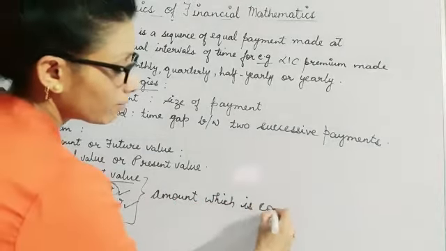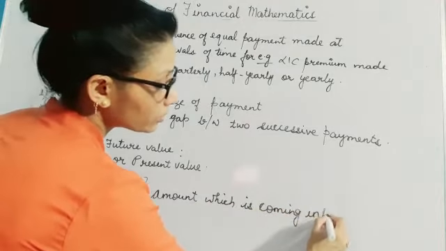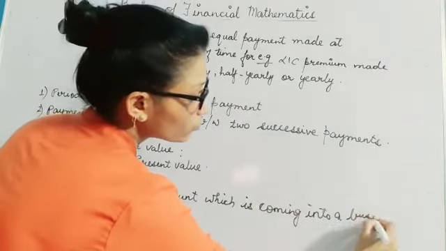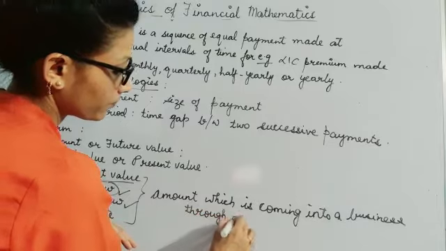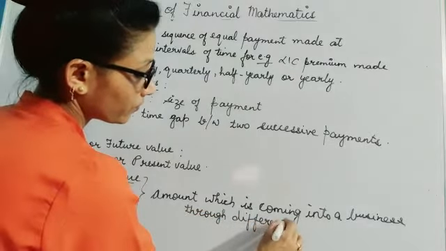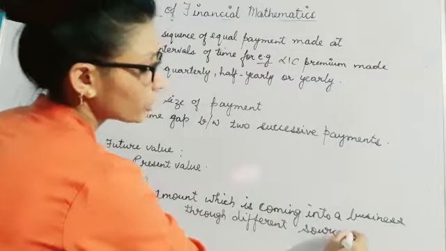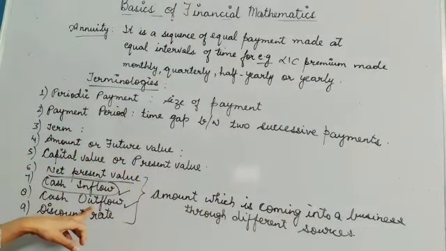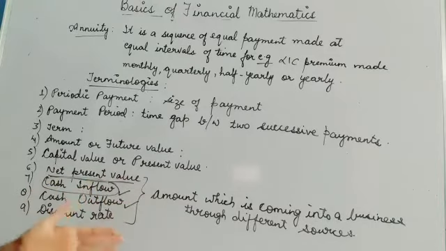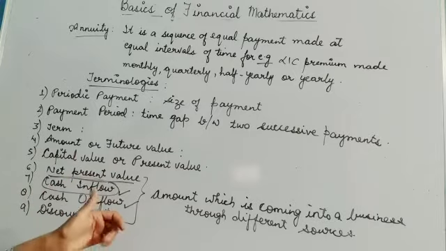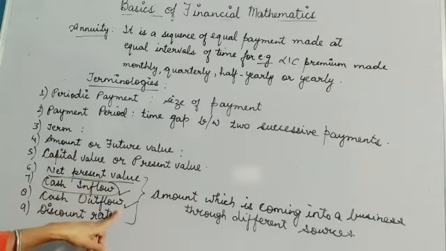Now what is cash outflow? Cash outflow means the amount which is going out of the business. If the salary is paid to the staff members, then that is counted in cash outflow. All the expenditures that are made for the business are counted under cash outflow.